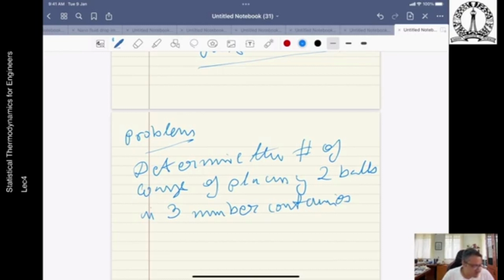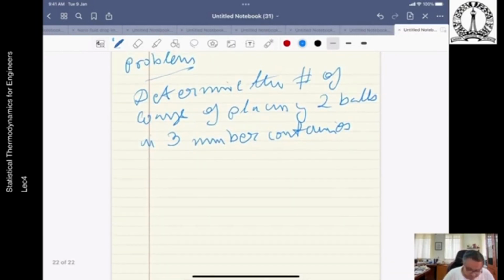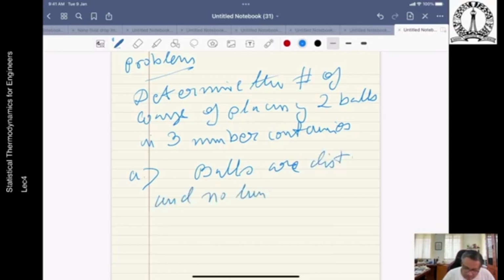Okay, 3 numbered containers, such that, let's take the first case A, where the balls are distinguishable and no limit on the number per container.